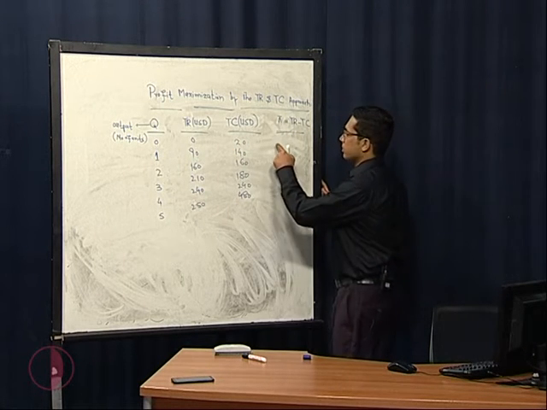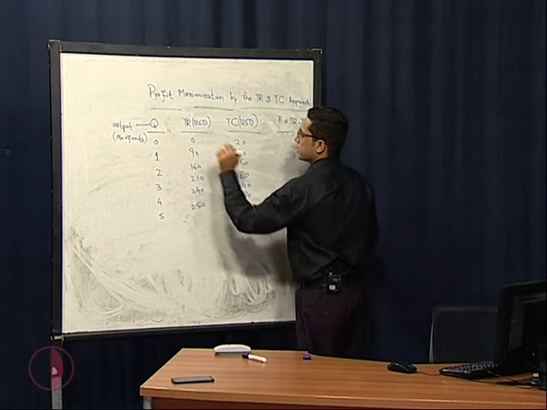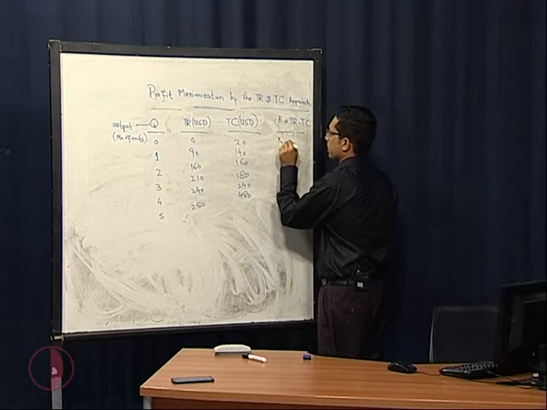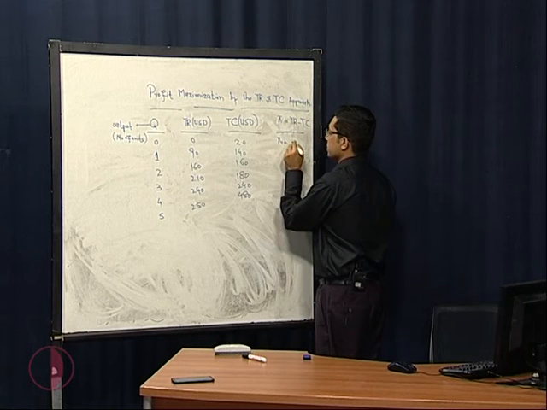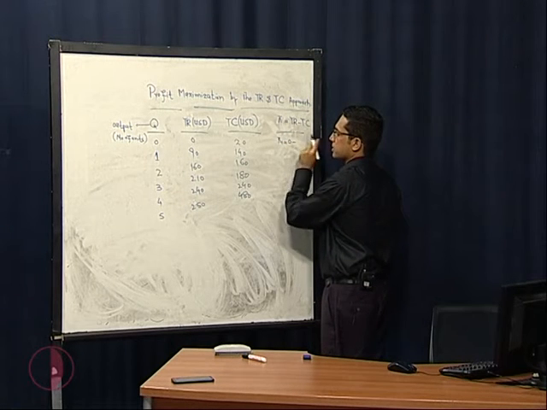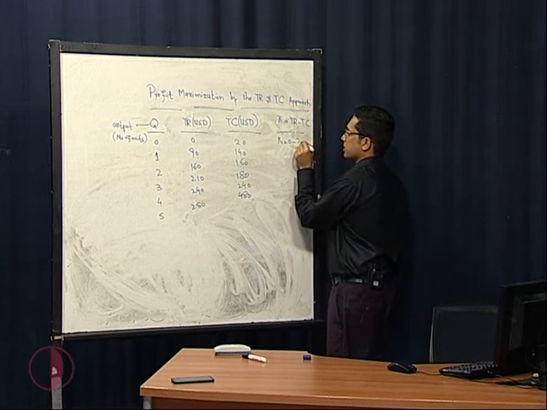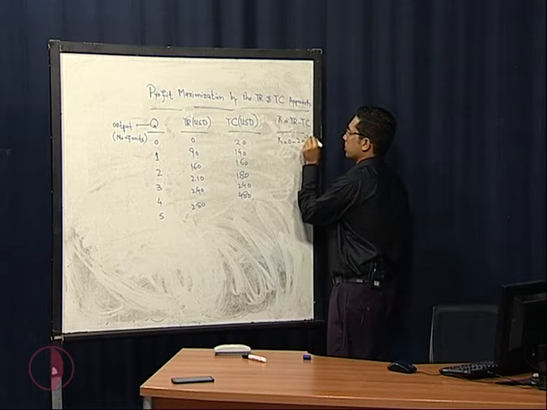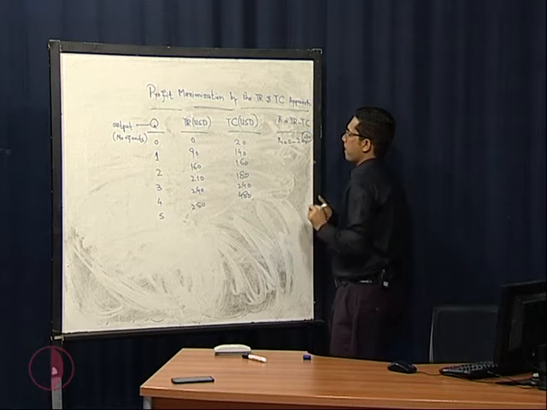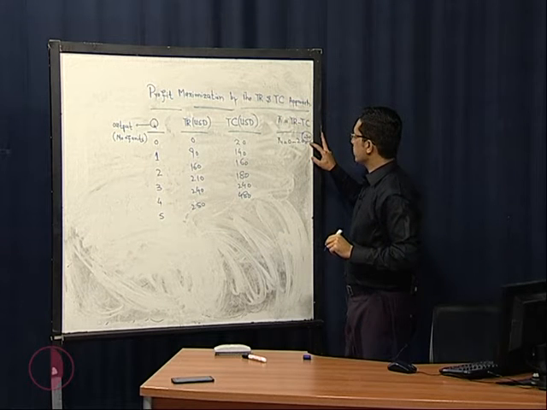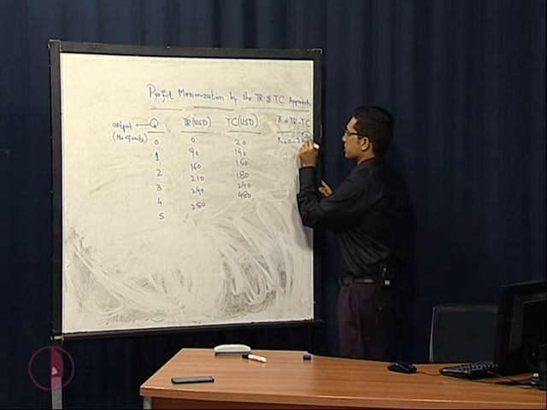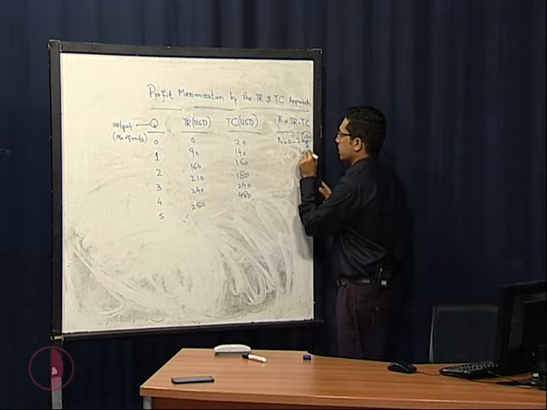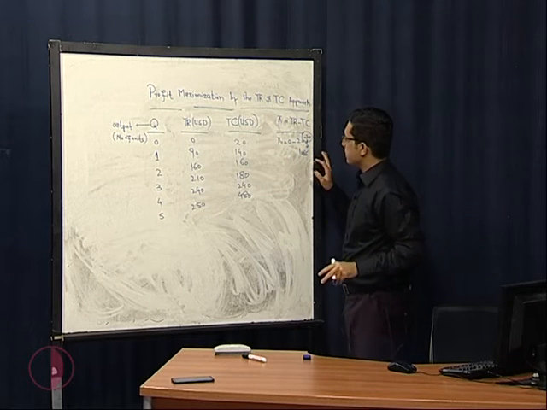For example, if the firm produces nothing, profit will be total revenue 0 minus total cost. Total cost is 20. This is equal to minus 20. Minus 20 means loss. This is actually not a profit but a loss to the business firm.